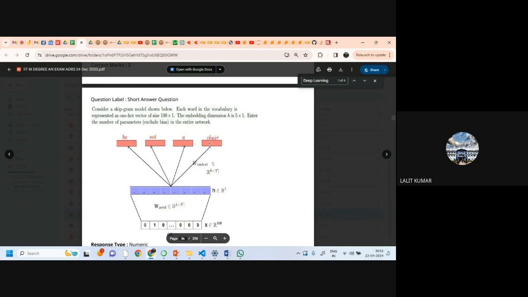So the dimension of each word is what here? 100 into 1. Okay. So see the number of parameters here, it will become 100 into 5, 500.